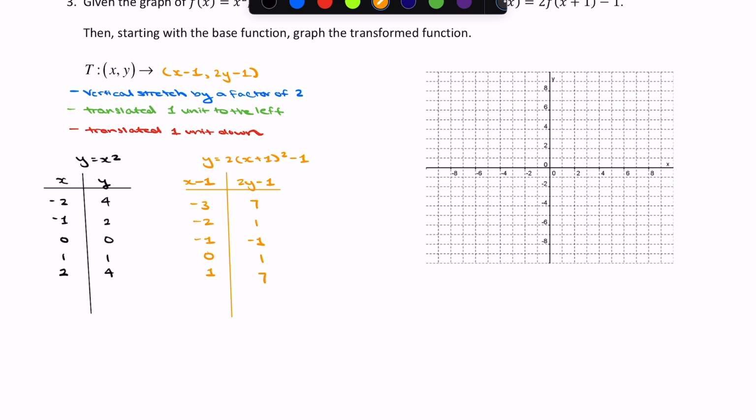And so here, again, we can graph the transform function. We'll start with the vertex at -1 and -1, and then again, it's symmetrical on both sides. So here we'll go -2 and 1, -3 and 7, and then, sorry, 0 and 1, and then 1 and 7.